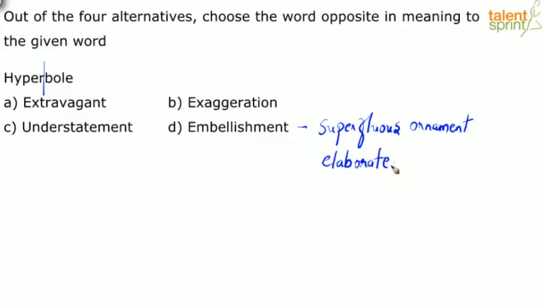So having looked at this, I know all these words except for obviously C, understatement, right, which is the opposite of hyperbole. So just knowing this prefix or just dissecting the word and looking at familiar parts that you can connect with other words will help you arrive at choosing the answer.